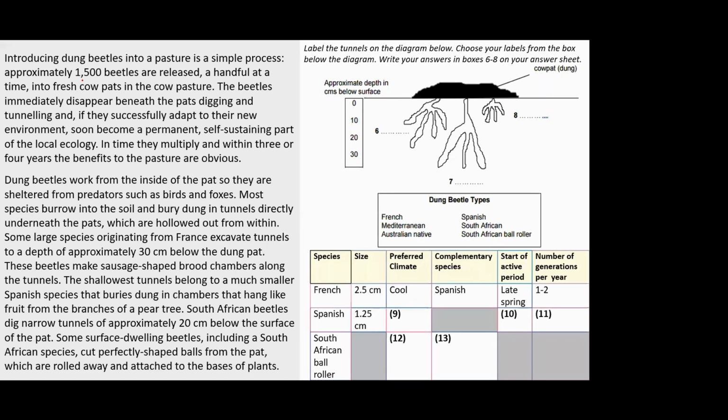In centimeters below surface, and yes, this is probably the dung beetle types that live in different parts of the world. Okay, so what type of words will you be writing for your answer in 6, 7, and 8?